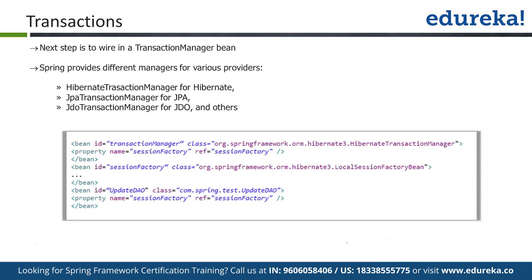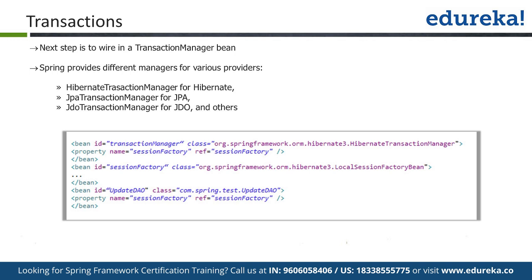Then in your XML configuration, you can wire your transaction manager bean. Spring provides different managers for various providers: Hibernate Transaction Manager for Hibernate, JPA Transaction Manager for JPA, and similarly for JDBC.